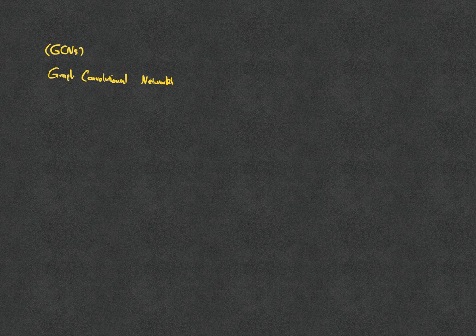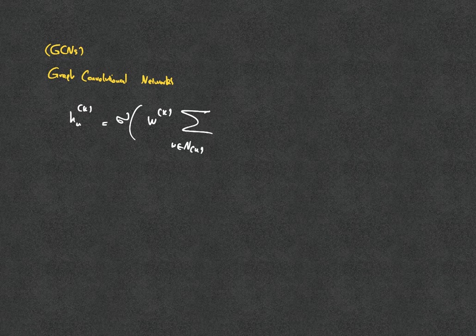Then there are the graph convolutional networks, or GCNs, that employ this symmetric normalization in their self-loop approach. And their update rule is this. You have the neighbors of node u along with the node u itself, so you have a self-loop.